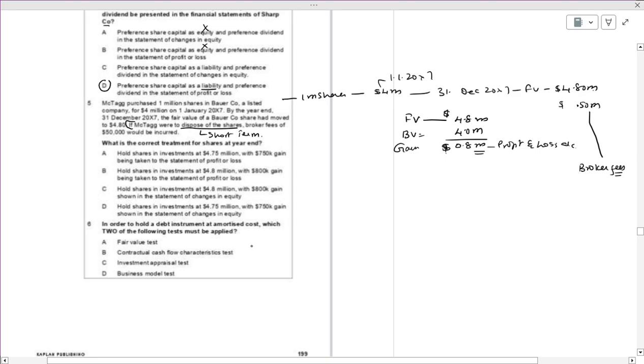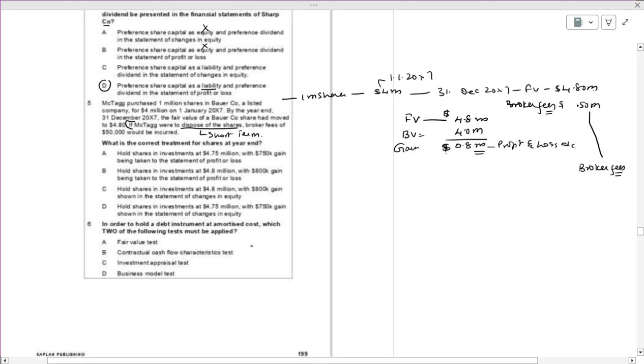If they have sold, then the broker fee will come. You should ask me immediately: why have you not taken the broker fees?